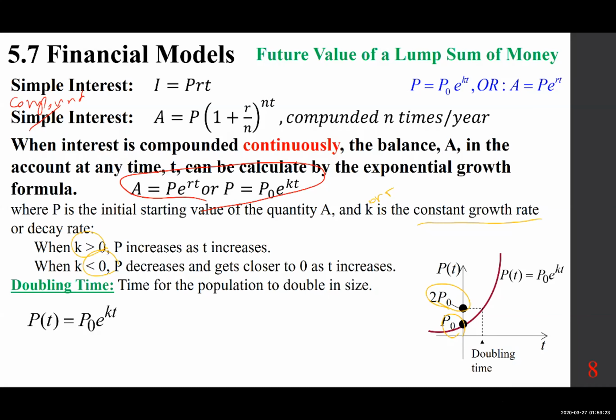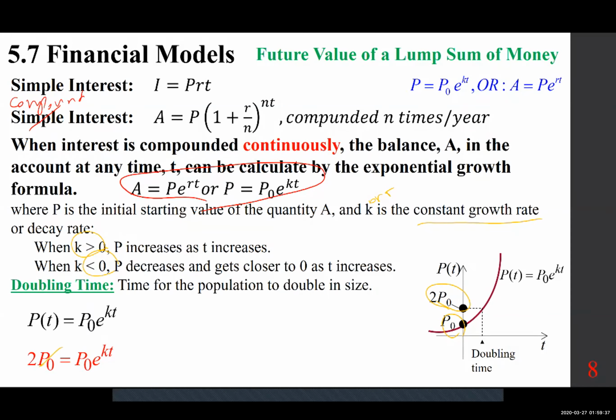So with that, we can calculate the doubling time. If we put 2 P sub 0 equals P sub 0 e to the power of KT, we can cross out the P sub 0 from both sides, it becomes 2 equals e to the power of KT.